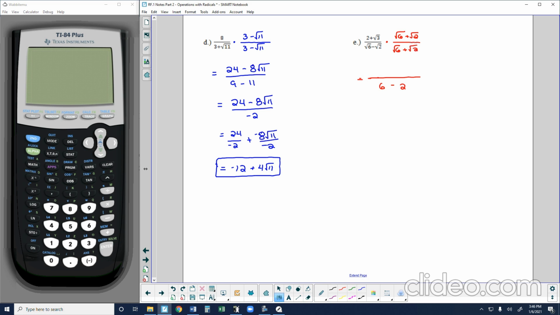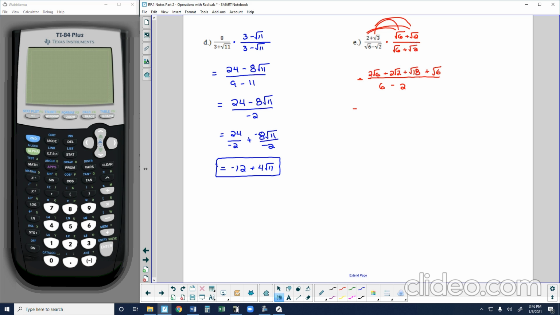So I'd need to do some distribution here. I'm going to take 2 times root 6, which would be 2 root 6. I'm going to take 2 times root 2, which would be 2 roots of 2. I'm going to take root 3 times root 6, which would be root 18. And then I'm going to take root 3 times root 2, which would be root 6.